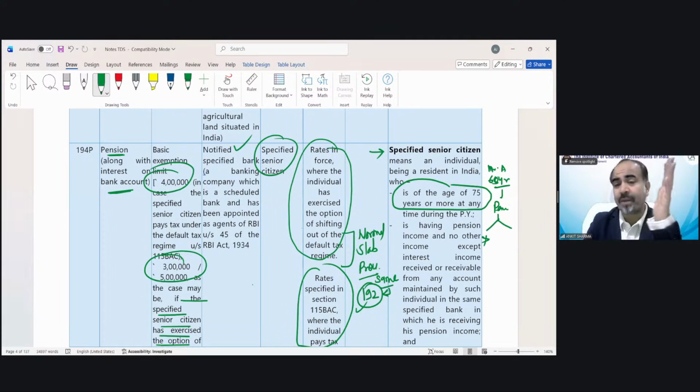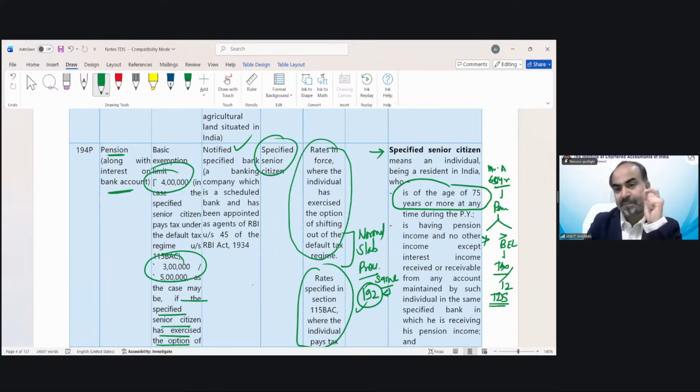Then there is no requirement of TDS. If it exceeds the basic exemption limit, then we need to calculate the tax as per the default tax regime or optional, as the case may be. The tax needs to be divided by 12. That would be his TDS liability on pension. So every month, whatever pension he receives from the bank, this amount of TDS is going to be deducted.